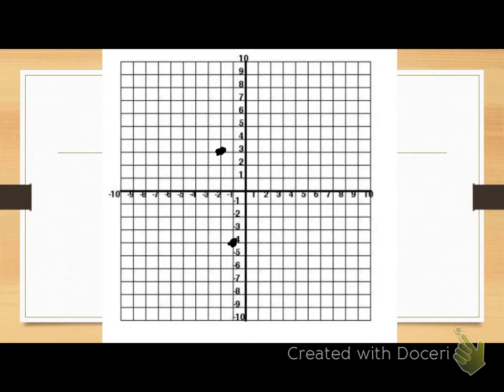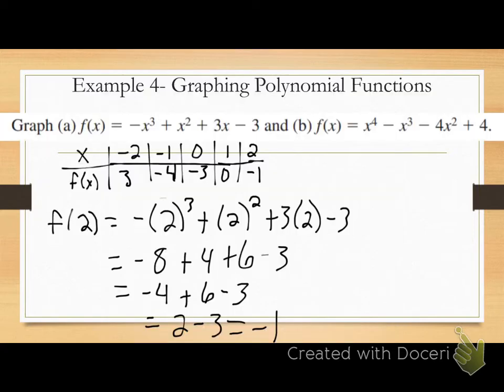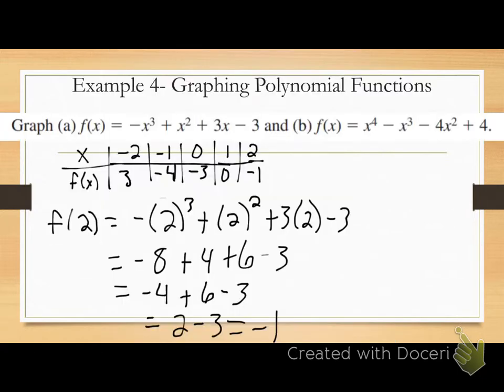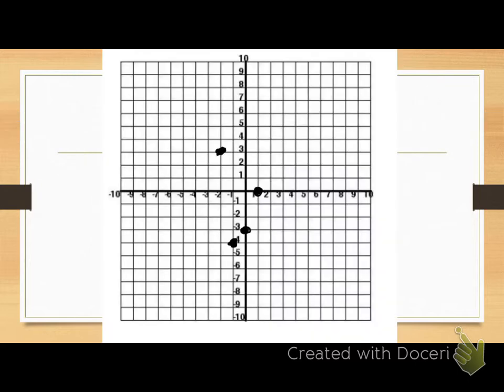So that'd be right there. 0, negative 3. That'll just be down 3 on my y-axis. 1, 0. That'd be right 1 on my x-axis. 2, negative 1. Be right 2, down 1. Right there.